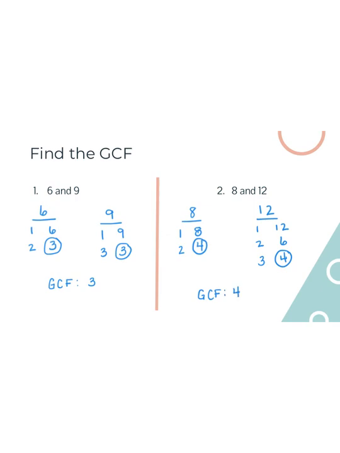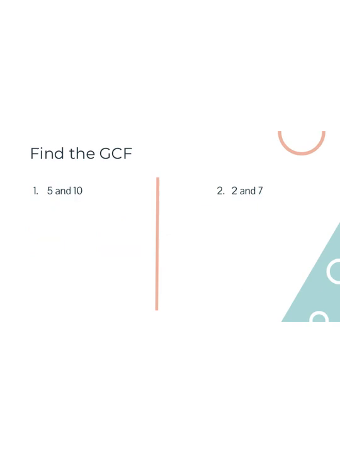All right, let's find the greatest common factor between 5 and 10. So I'm going to find my factors of 5, and I know 1 times 5 is 5. 2 won't go in there, 3 won't go in there, 4 won't go in there, and now I'm back at 5. So I already have a 5 on there, so I can just stop. There's nothing else that can go into 5. So I'm going to find my factors of 10, and I know 1 times 10 is 10.